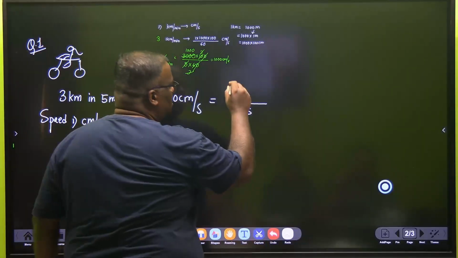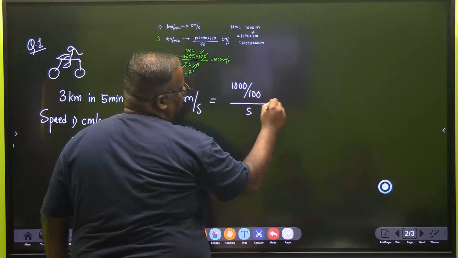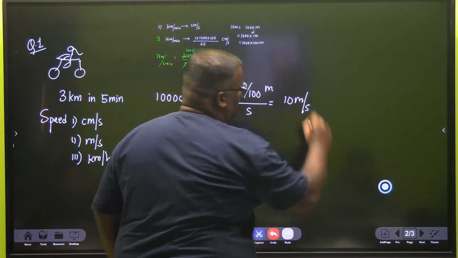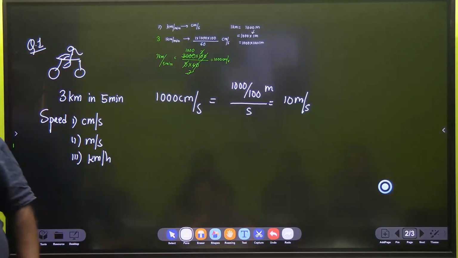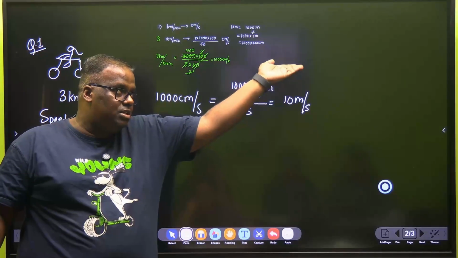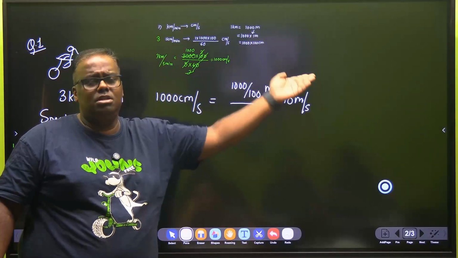So 1,000 divided by 100. How much is it? So this becomes meters now. 10 meters per second. In 1 second she is going 1,000 centimeters, means how many meters? 10 meters.